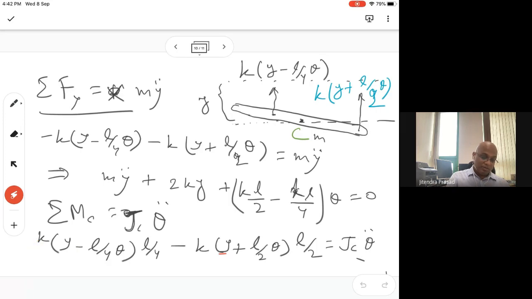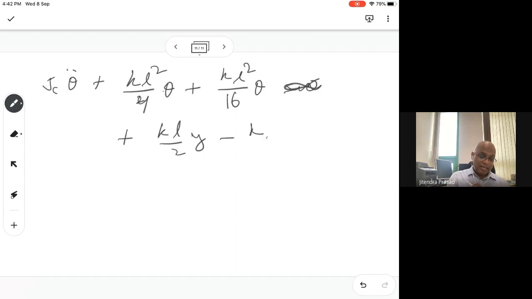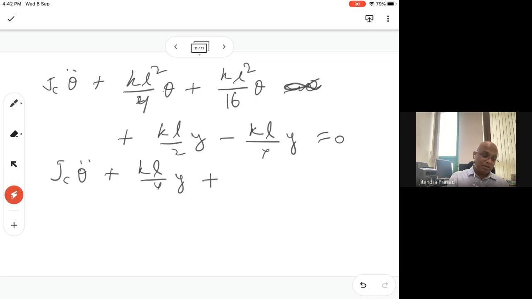So minus kL over 4 y is equal to 0. So the final form will be JC theta double dot. Then let's write the y terms: kL over 4 y, and then plus, and this 4 here, 16, 5 over 16.